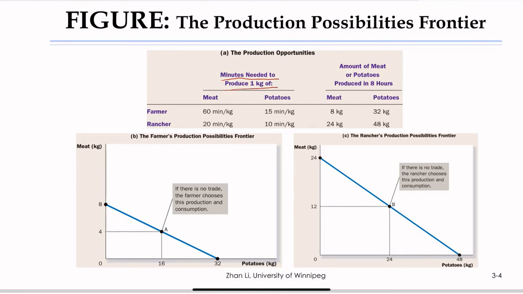For the farmer, he needs 60 minutes per kilogram of meat and 15 minutes per kilogram of potatoes. For the rancher, 20 minutes per kilogram of meat and 10 minutes per kilogram of potatoes.